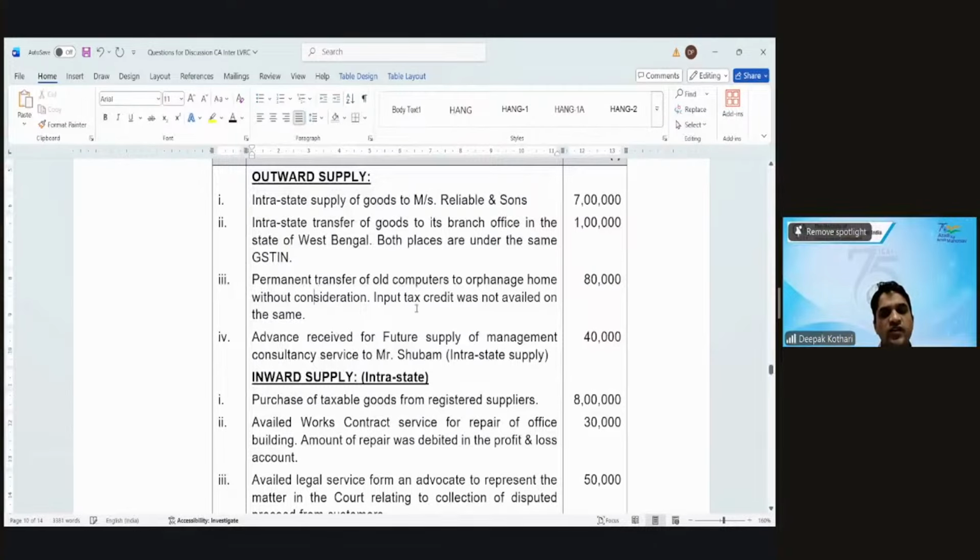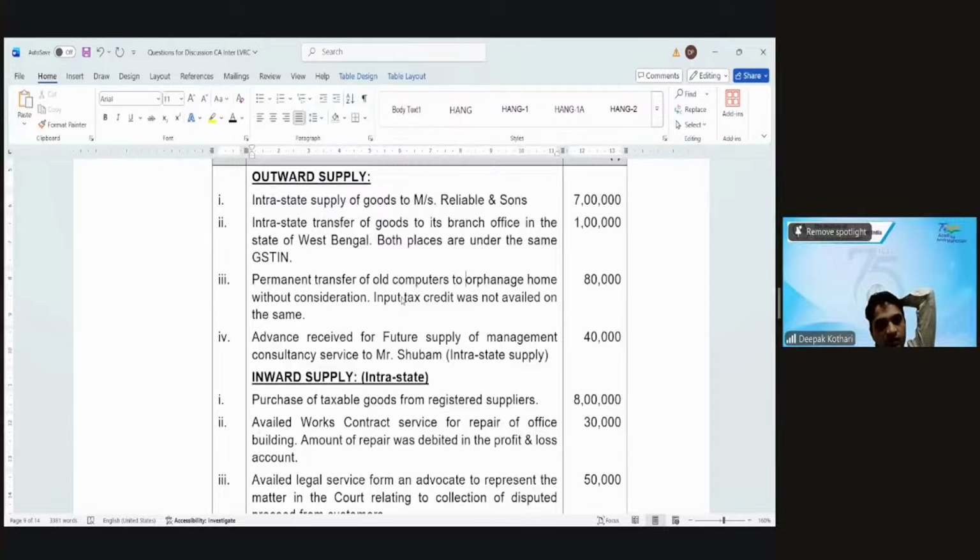Third, permanent transfer of old computer to orphanage home without consideration, and input tax credit has not been availed on the same. Three, no GST. Why no GST? Schedule 1 says any disposal of assets is also liable to GST. So this is a disposal.